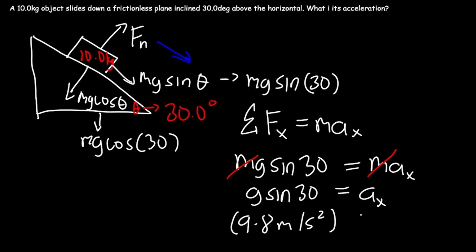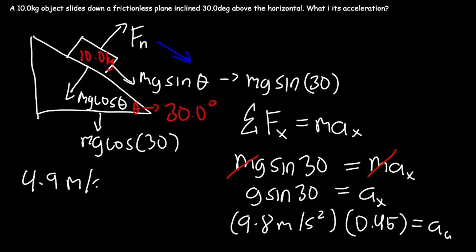So that's a standard value. Sine 30, how much is this? Sine 30 is 0.45 equals to acceleration. Okay, and if we multiply that, that is equals to 4.90. And ano yung the units natin, that is m per second squared, no? So m per second squared is equals to acceleration.